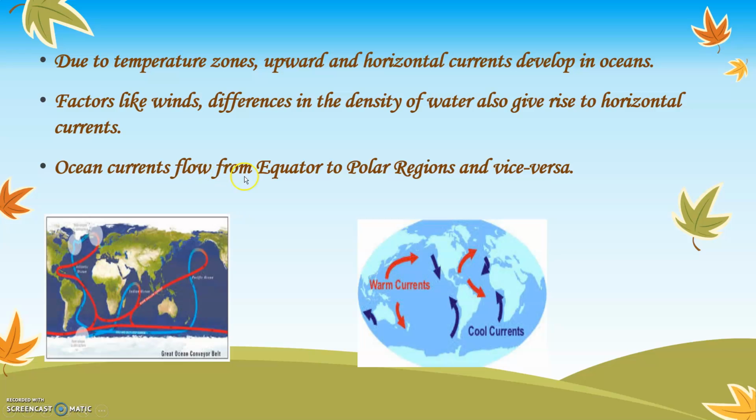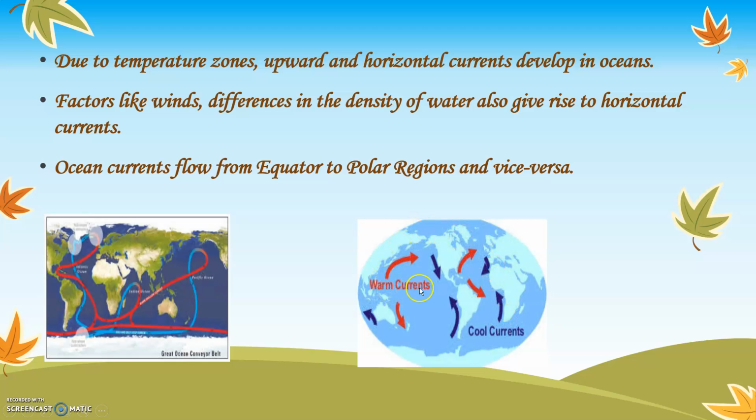Now as I said, ocean currents flow from the equator to polar regions. The equator is a region which receives direct sunlight and polar regions do not receive direct sunlight, therefore it is extremely cold over here. So all the warm ocean currents move from the equator to polar regions, and vice versa, all the cold ocean currents move from polar regions to the equator.